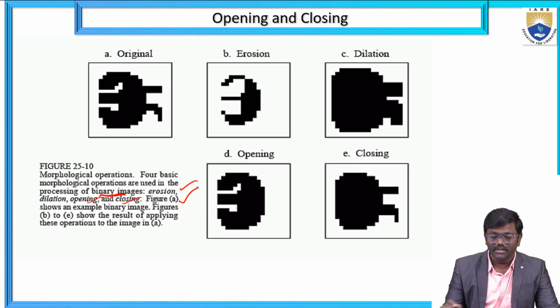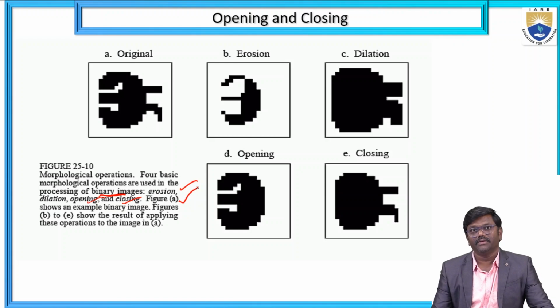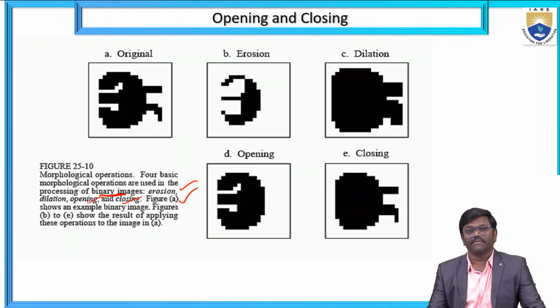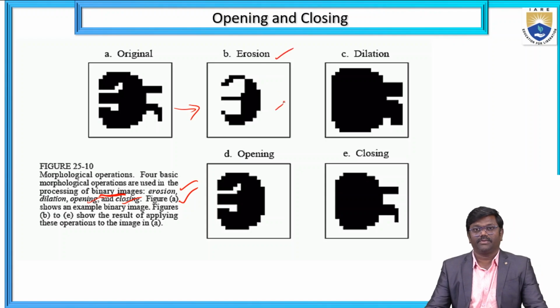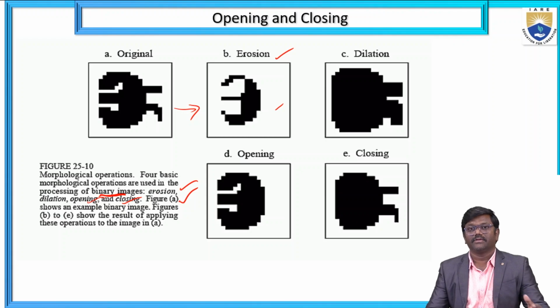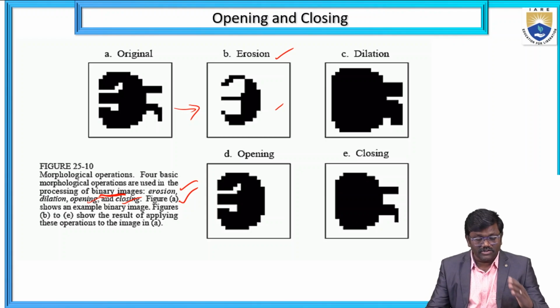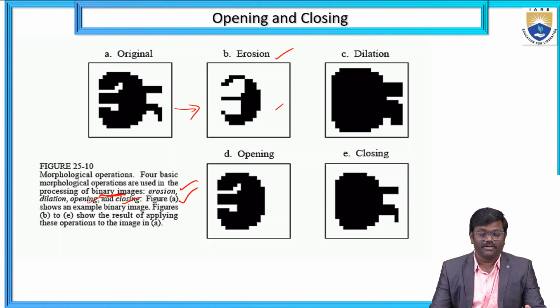Let us take A as the original image. B is after applying the erosion operation to the original image; we get the erosion with this shape. And after applying the dilation operation, we get this. But here the structuring element is applied only in terms of a binary process, where 0 is considered black, 1 is considered white, and so on.